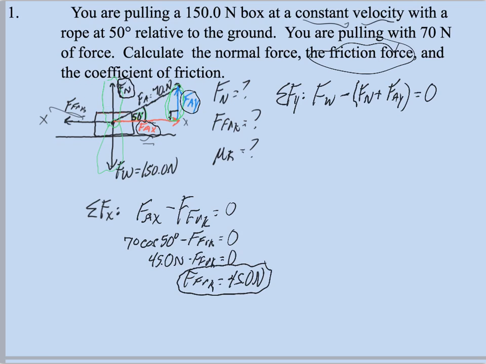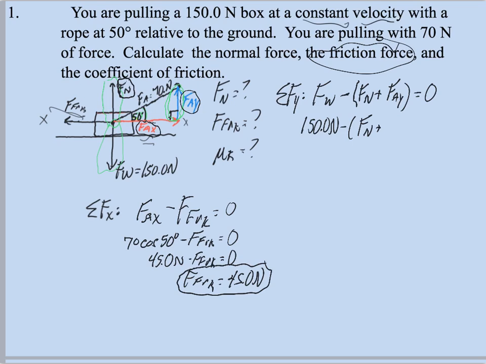Well, FW I know. I know FW is 150. It was given. FN, don't know that. FAy, well, isn't FAy opposite the 50 degrees in our triangle? And if I know the hypotenuse is 70, I could use sine of 50 times 70 to find the y component.